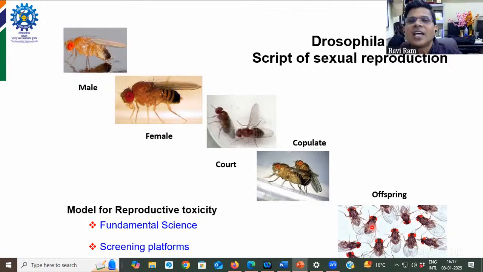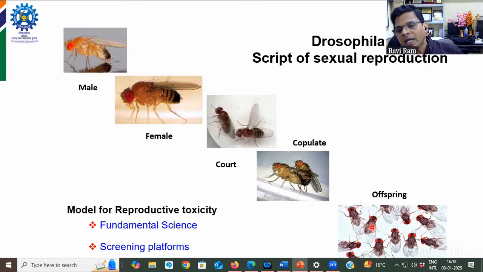It is in hundreds. In 10 days, like what we get in our lab, if you start with one pair, one male and one female, and allow them to copulate only once, that number is going to be around 300. So you can imagine if you have 20 or 30 males and females in one bottle, how many progeny you are going to have. The numbers are not a restriction here.